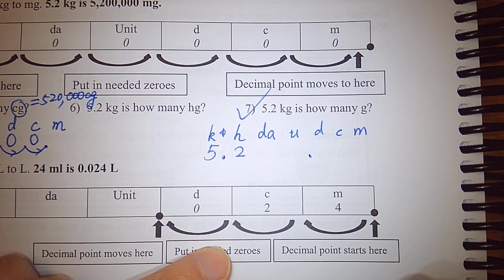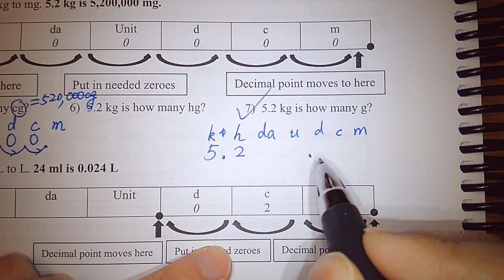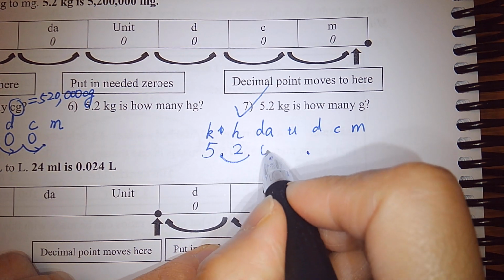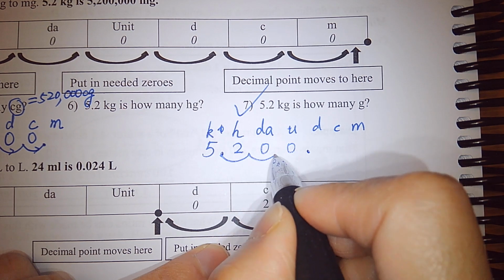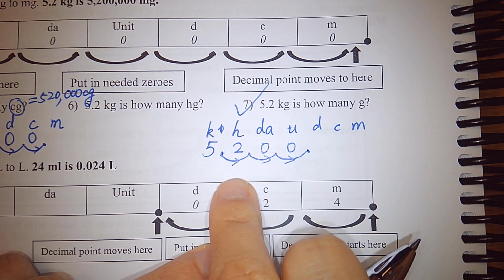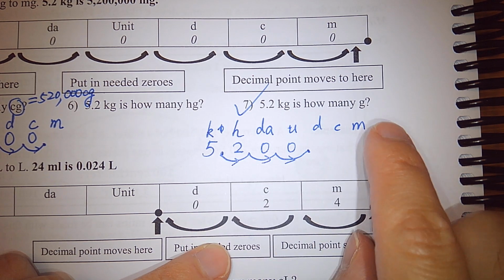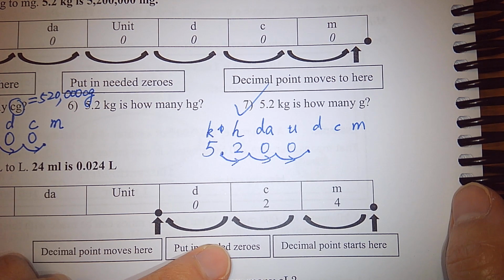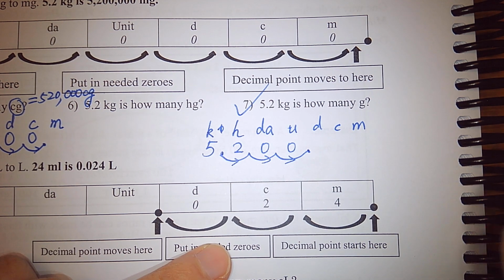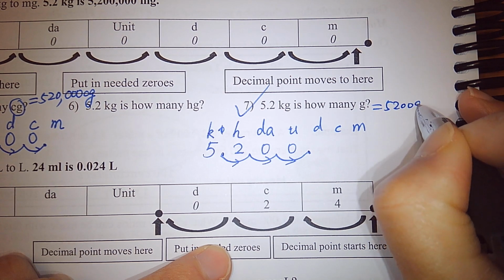Then we move the decimal point in this direction. No digits under D and U, so what is the answer? 5,200 gram. Did you get the correct answer? Good, so this equals 5,200 gram.